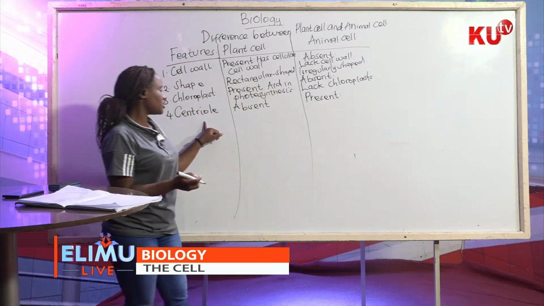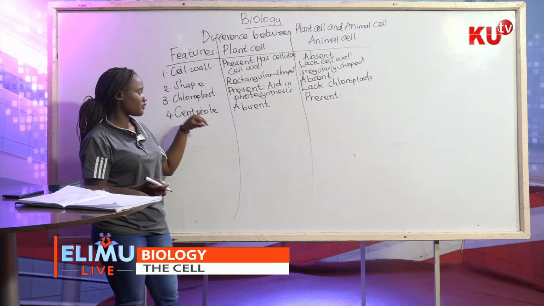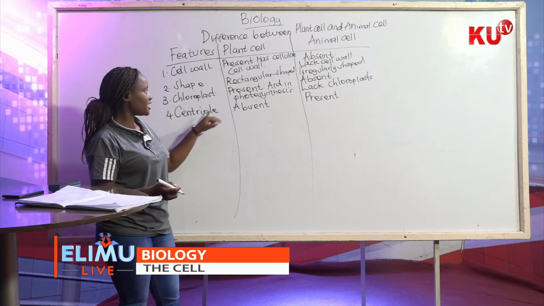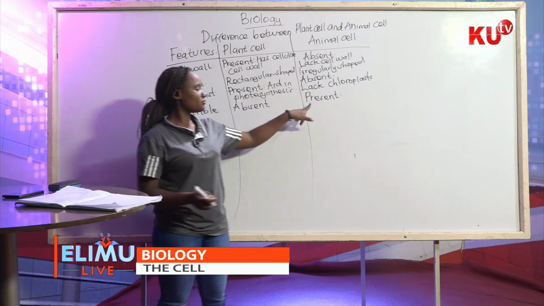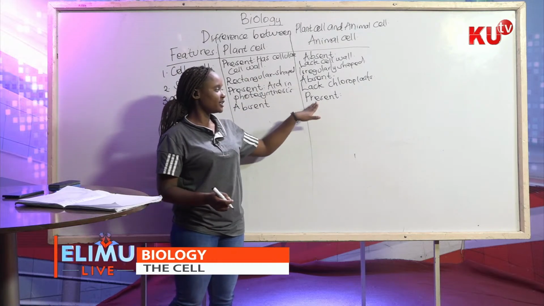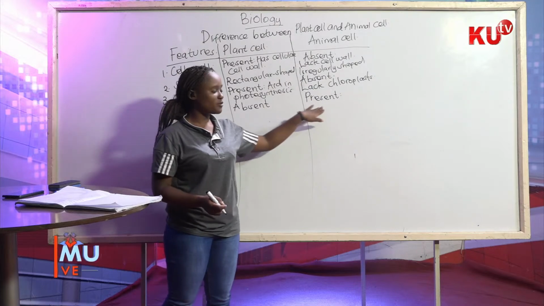We said the centriole aids in the formation of the cilia and the flagella. In plant cell, we lack the centriole, but in animal cell it exists, so it is present.